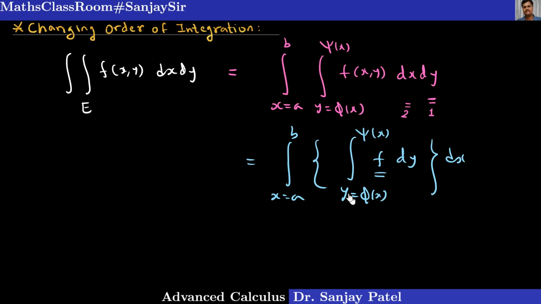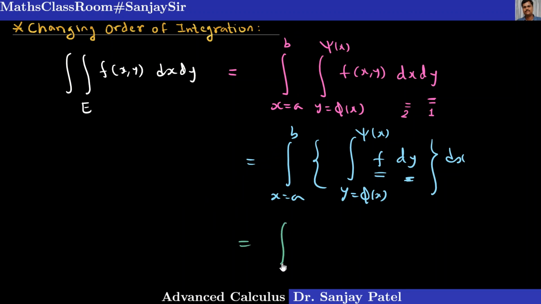But sometimes we need to change this order and we want to integrate with respect to x first instead of y. That means we have to write the integral in the other repeated integral form, which is known to you.